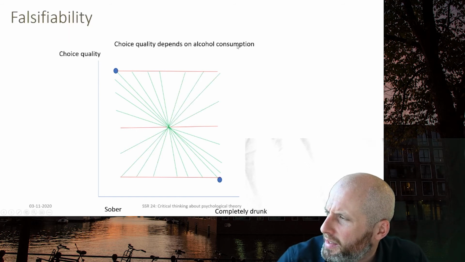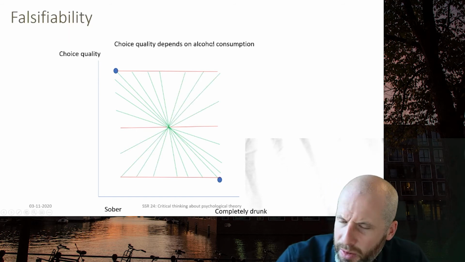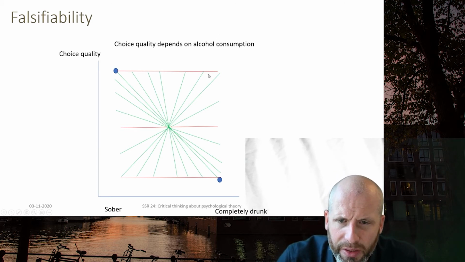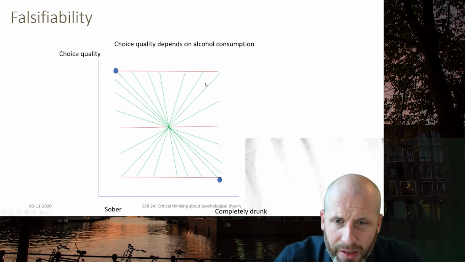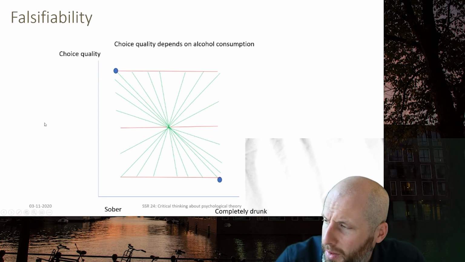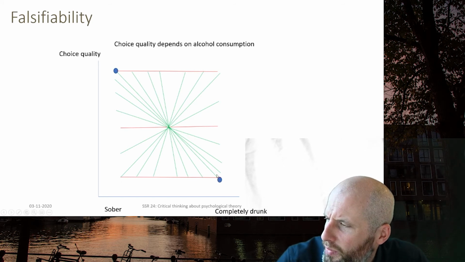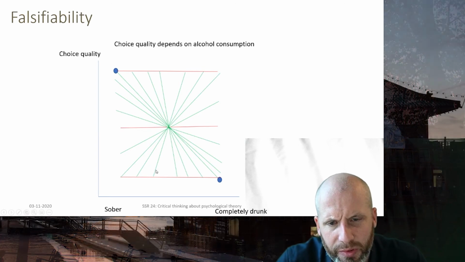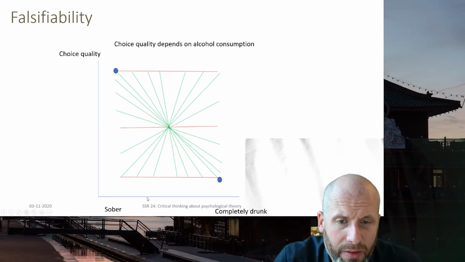Basically, choice quality depends on alcohol consumption: you're saying there is a relationship between these two variables. The only situation that's excluded by this statement are the flat lines depicted in red. There's a host of different relationships depicted in green. All types of positive and negative correlations between the two variables are still allowed by the theory.